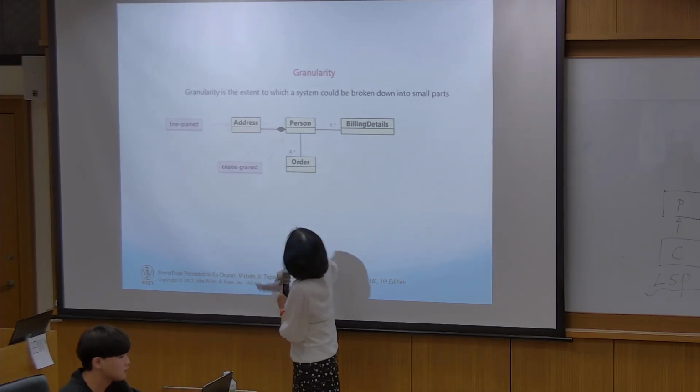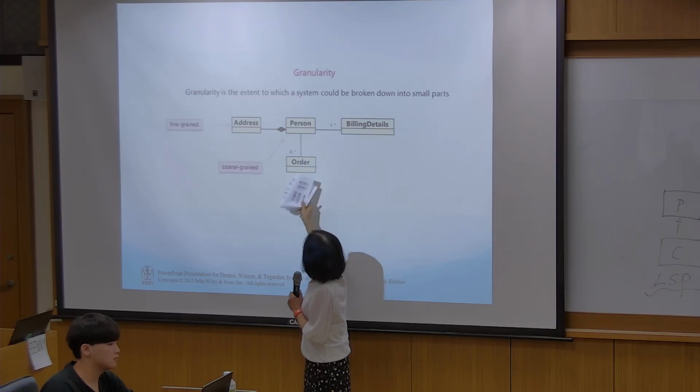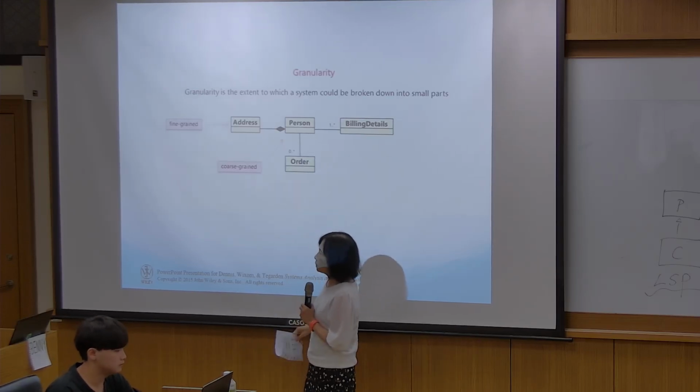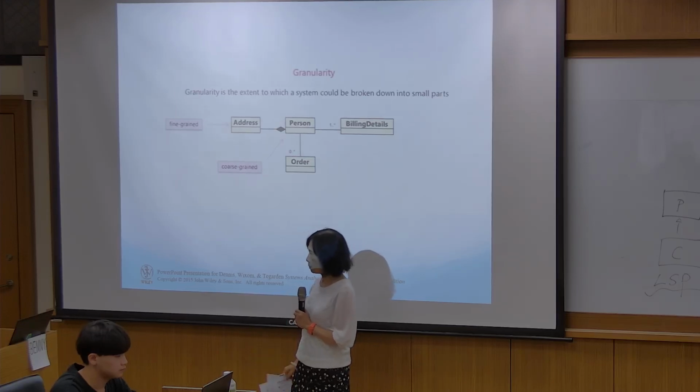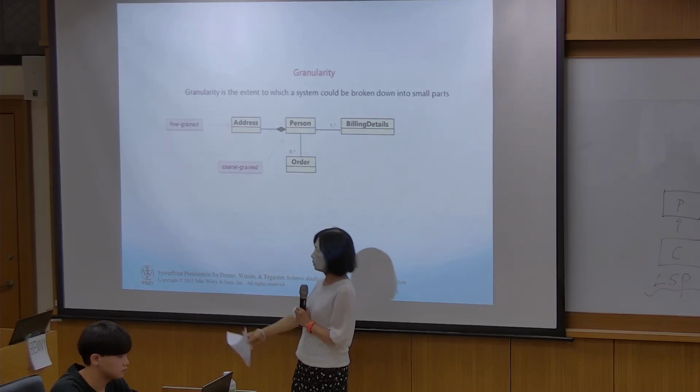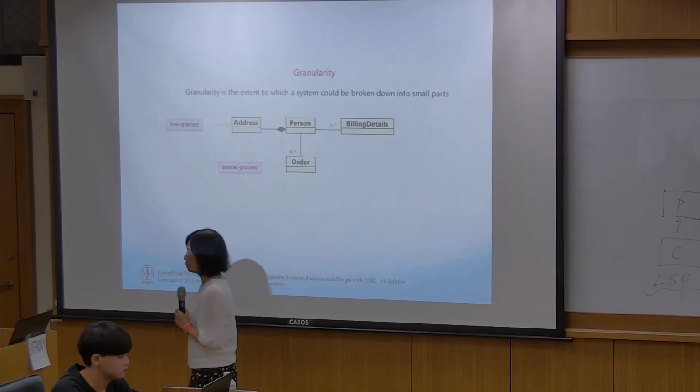So we have person, this is different, right? So we have table person, we have order, we have address. They are the same. So when you said that's higher granularity, which part?